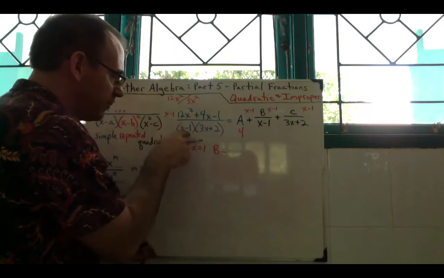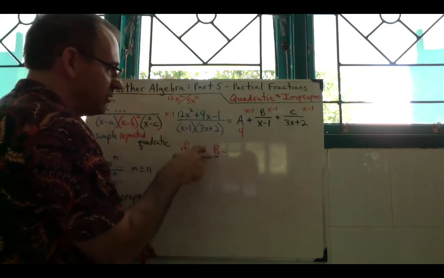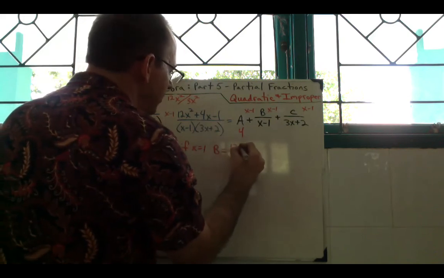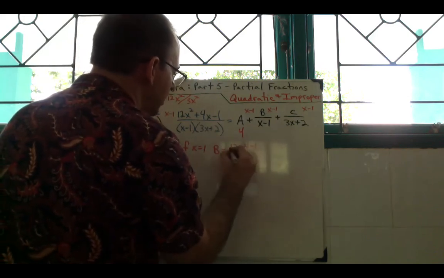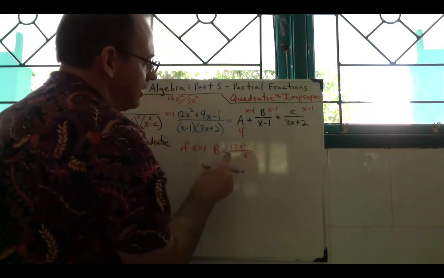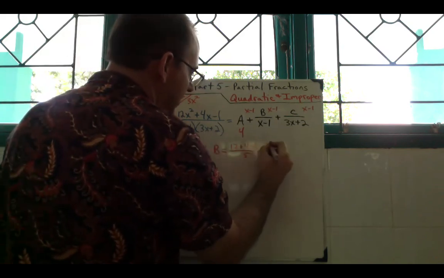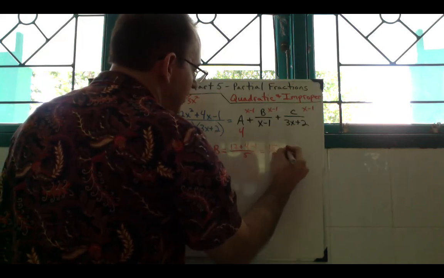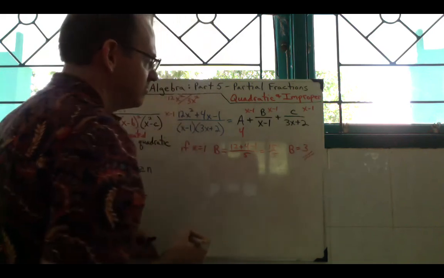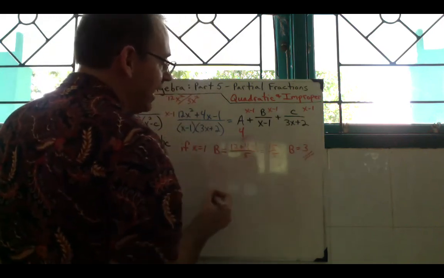And over here, remember, these have canceled out, so we just have to put the 1 in here. So we end up with a 12 plus 4 minus 1 all over 3 plus 2 is 5. So that's 15 over 5. So b equals 3. And we already have a.